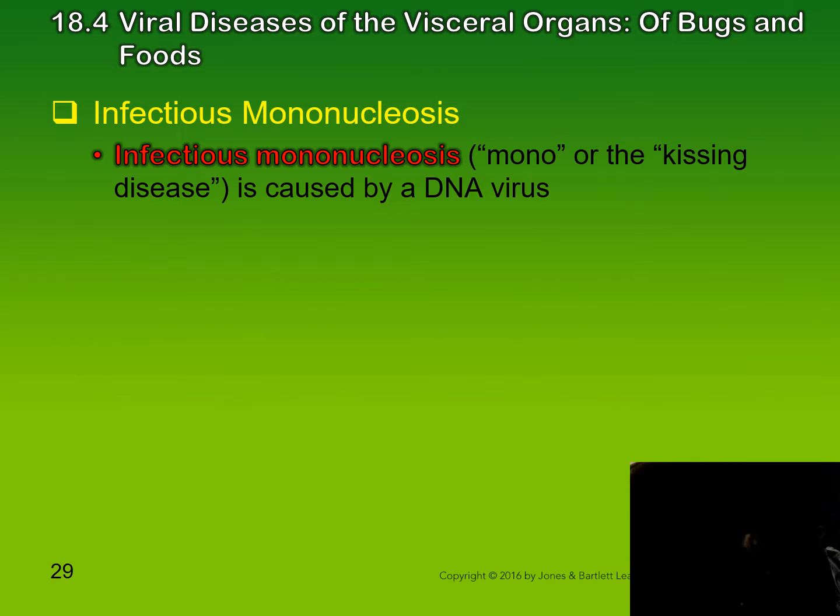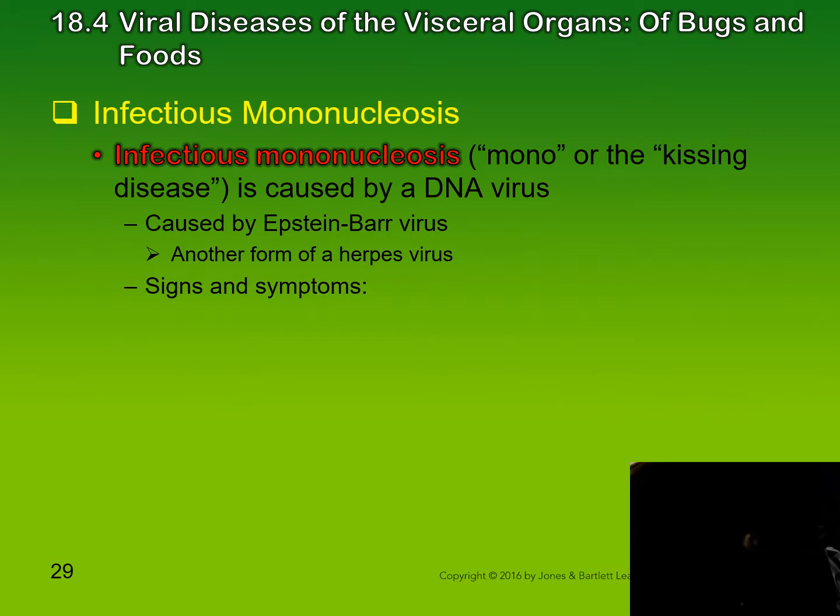Infectious mononucleosis, or most people just call it mono. This case is a DNA virus. The virus is actually a form of Epstein-Barr virus, one of the forms that is similar to herpes virus. Your signs and symptoms: sore throat, fever, enlarged spleen.